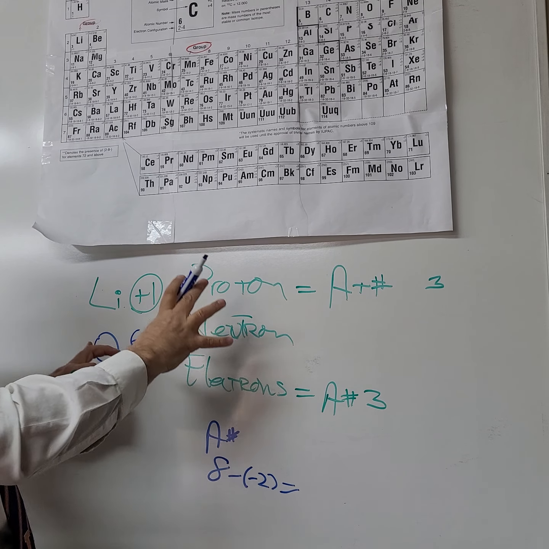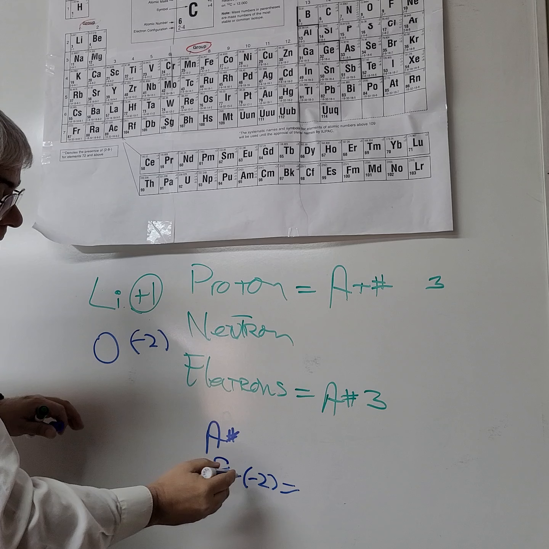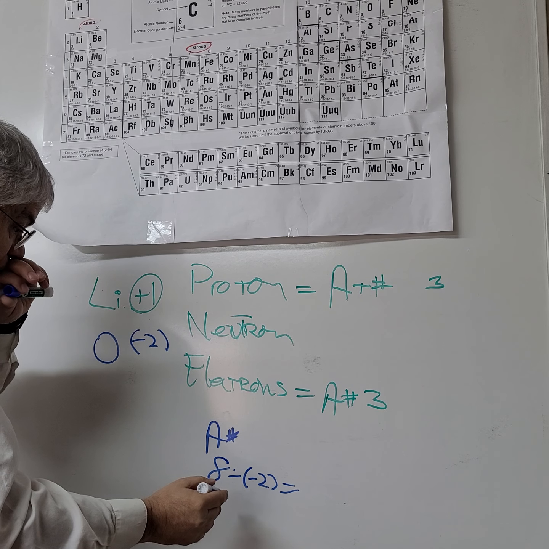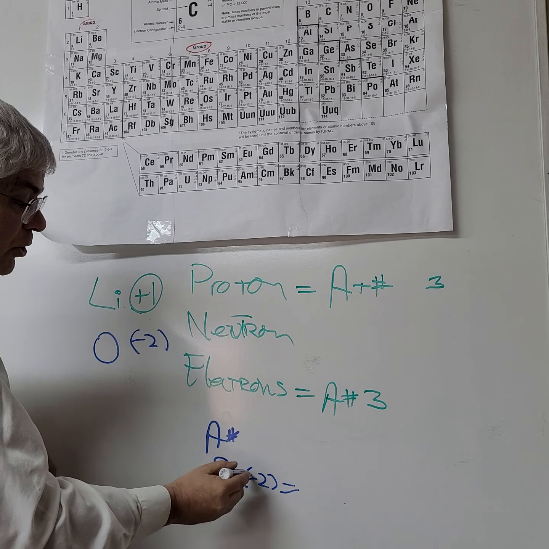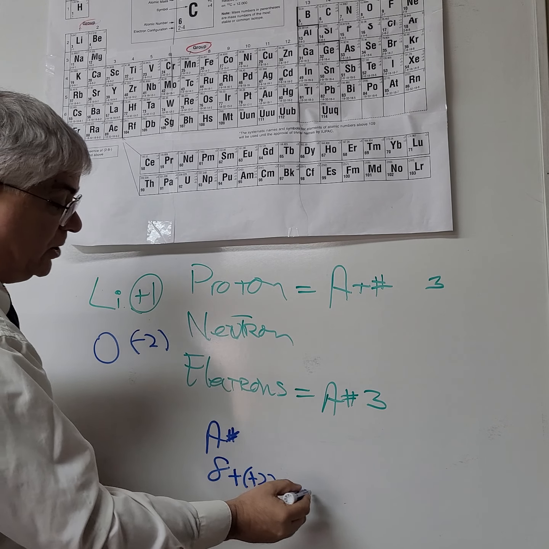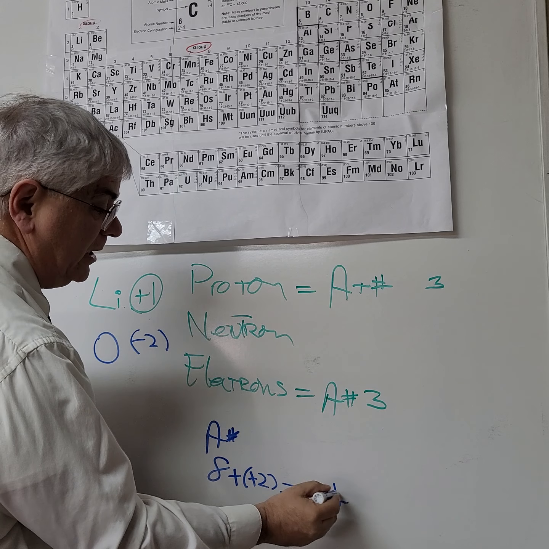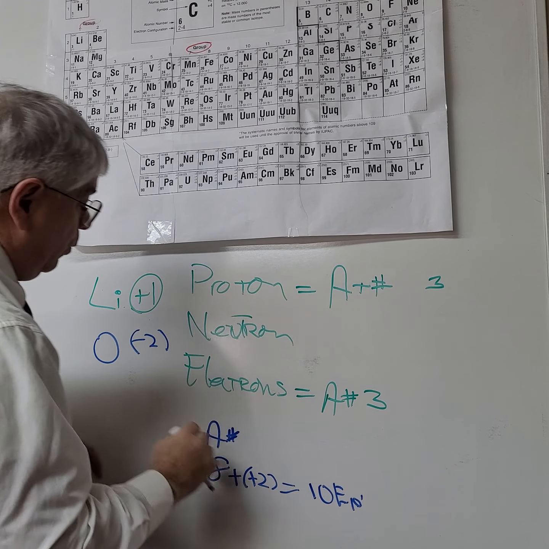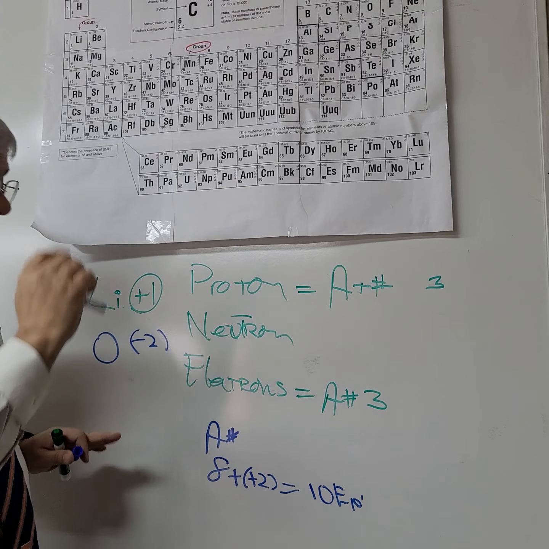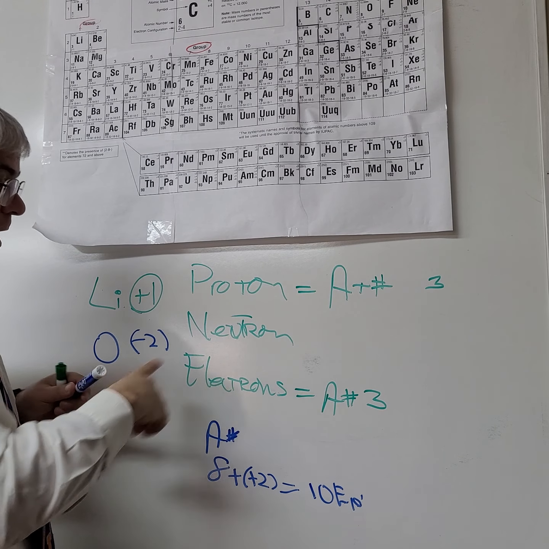So for chemistry, these 2 negatives end up meaning you add. So when we have 2 negatives, we add. The 8 and 2 means 10 electrons when our oxygen is in a -2 state. That's what we need to remember, okay?